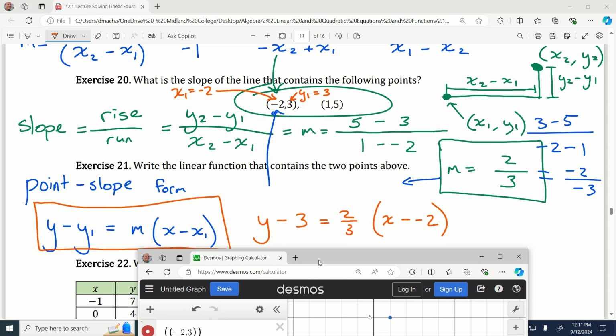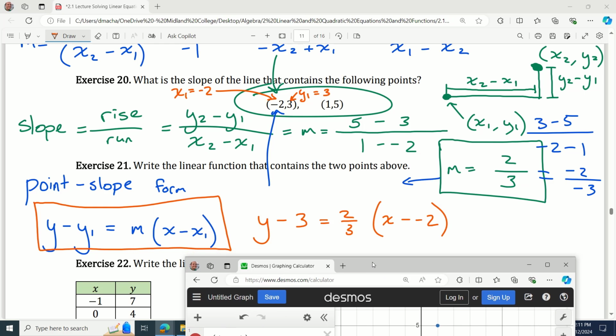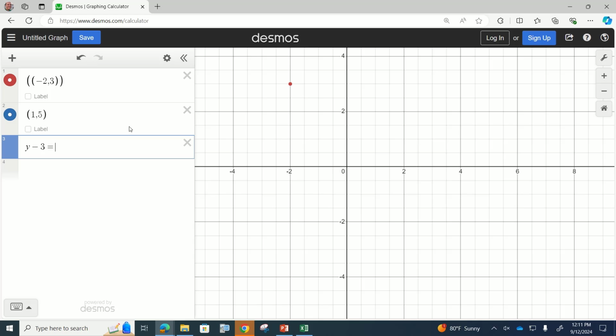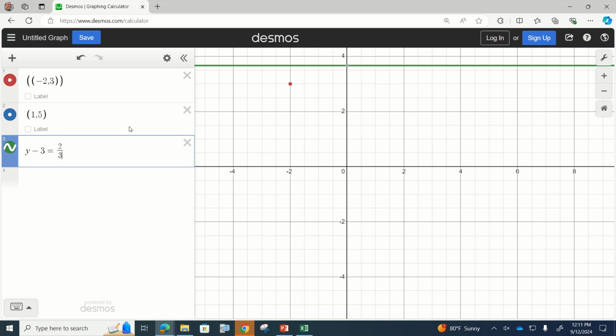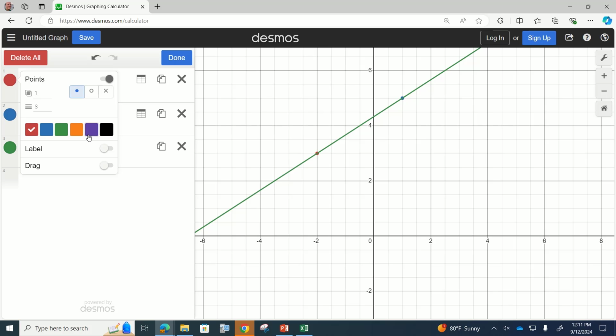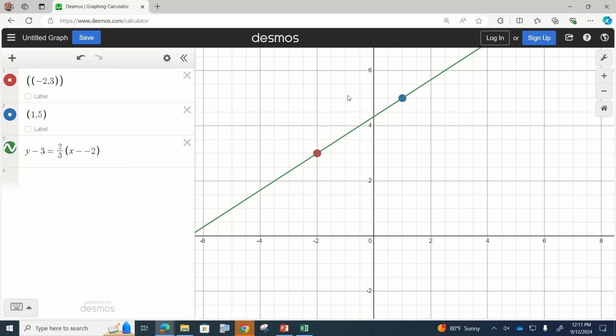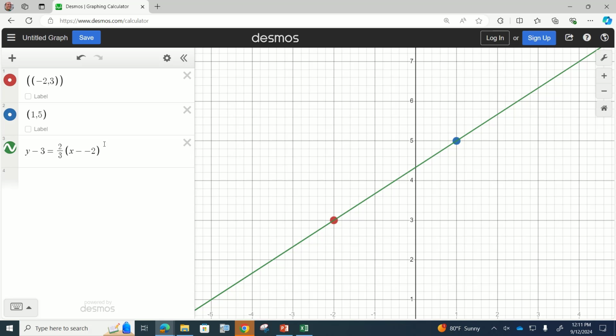Those are the 2 points we're trying to get, and then the equation I just found, which is y minus 3 equals 2/3 times x minus -2. Right now I'm just checking my work to say, did I do everything correctly? For our purposes, I'll make these points a little bit more visible. And yeah, Desmos agrees that this equation describes the green line, and that green line passes through those 2 points that I got from my question.